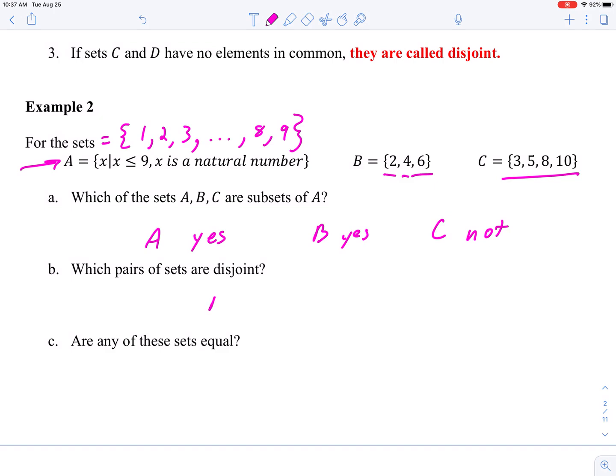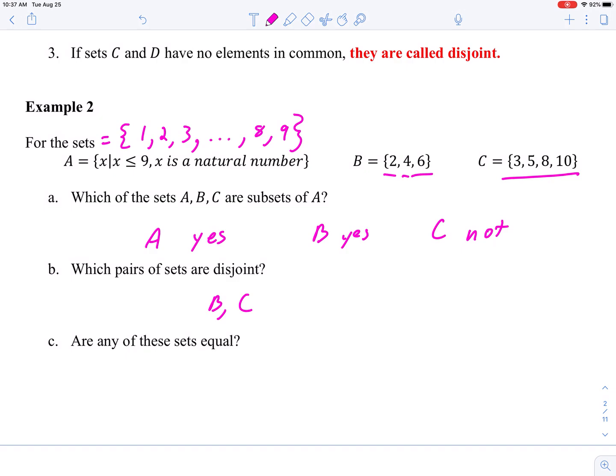So B and C are disjoint. They have nothing in common. If we look, B has elements in A, so A and B are not disjoint, and C has elements in A, so A and C are not disjoint. Okay?